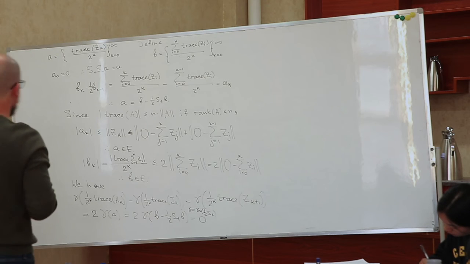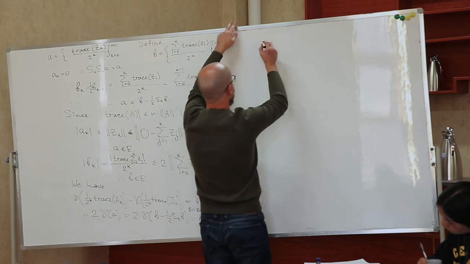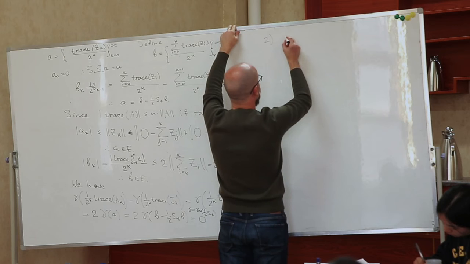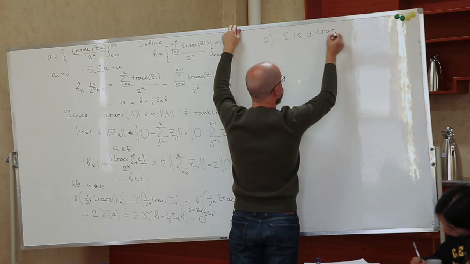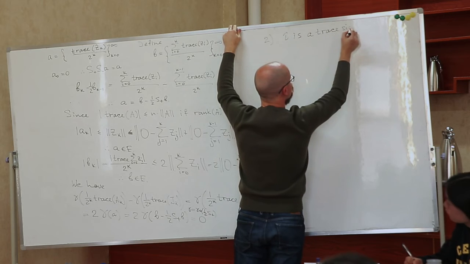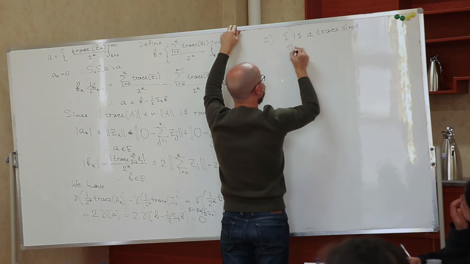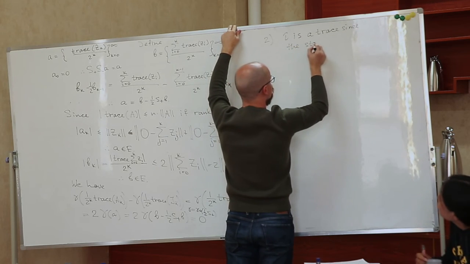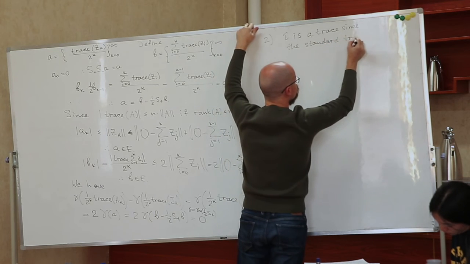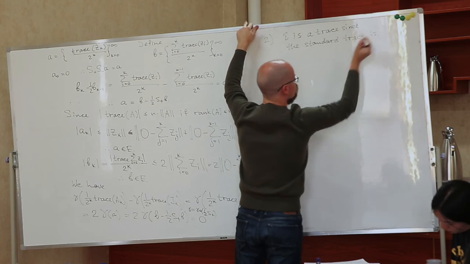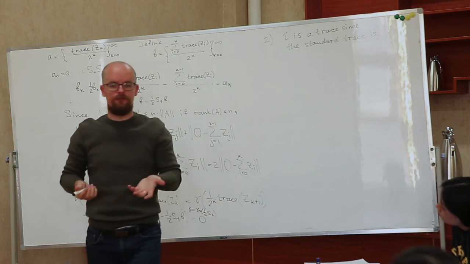Okay, let's go for the second part. The second part is trivial. Tau is a trace, since the standard trace is a trace, because tau is defined in terms of the standard trace.